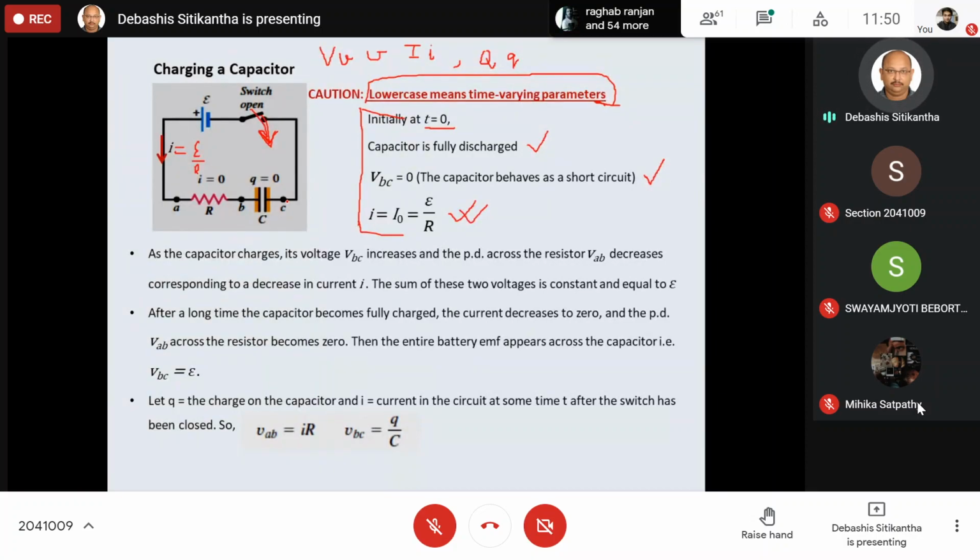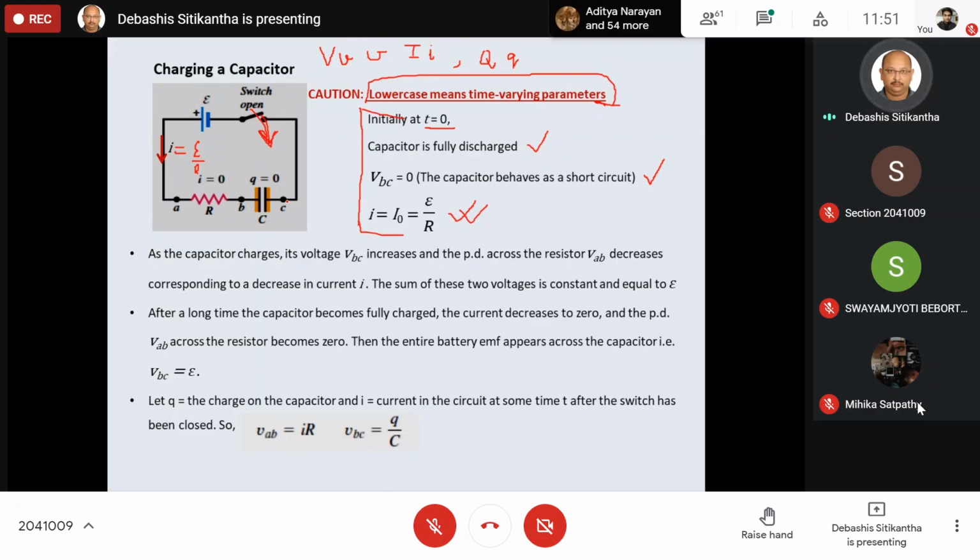So two things are taking place simultaneously, or rather I will say three things. First, when I close the switch, one by one the electrons will start moving, and it will increase the amount of charge on the capacitor. Number two, as the charge increases on the capacitor conductors, obviously the voltage will start increasing.